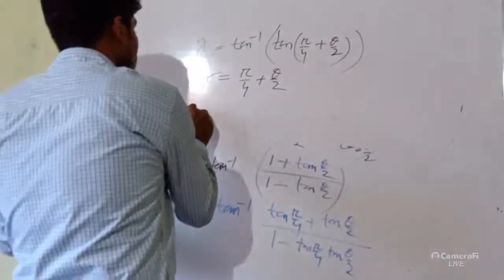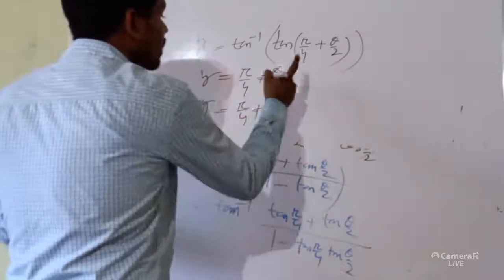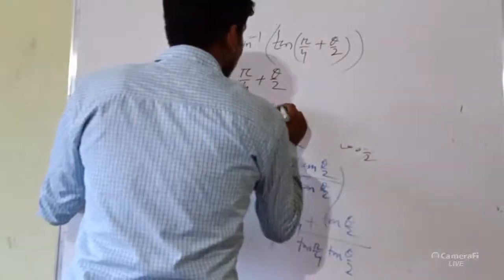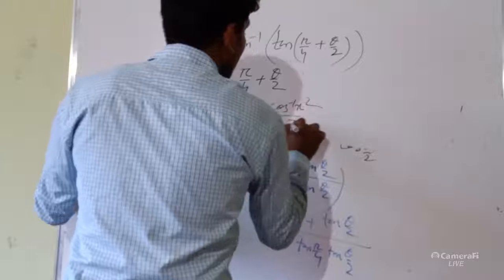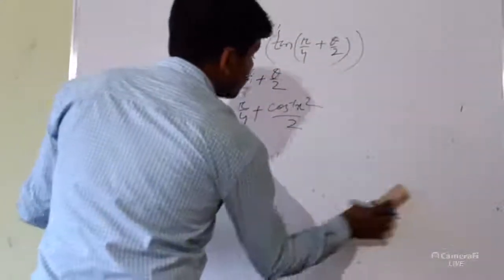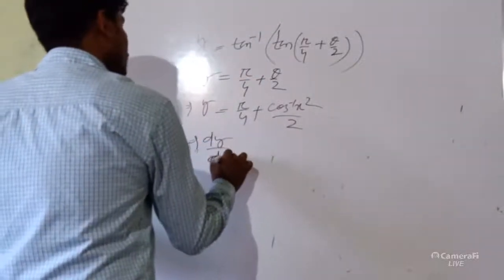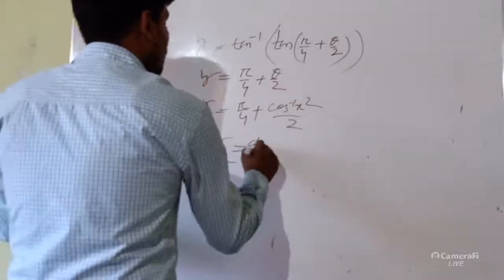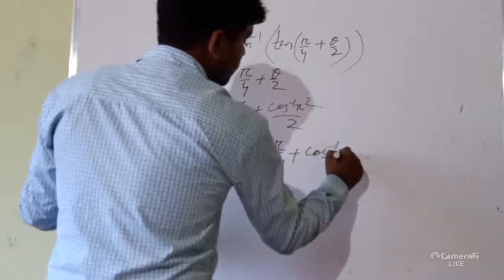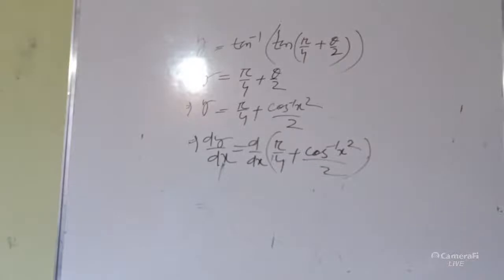Now here theta means cos inverse x square, divided by 2. Then dy by dx equals d by dx of pi by 4 plus cos inverse x square divided by 2. Okay.